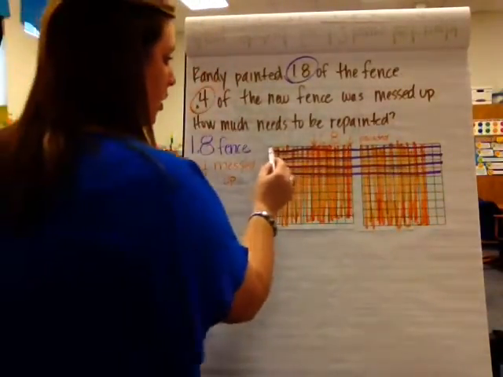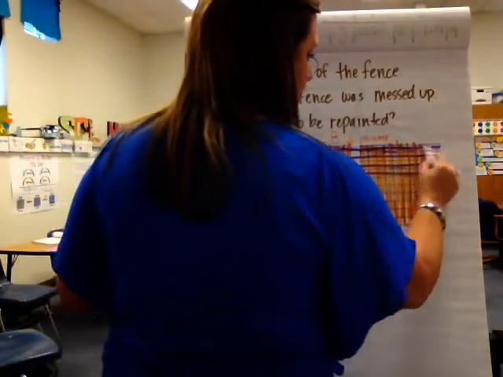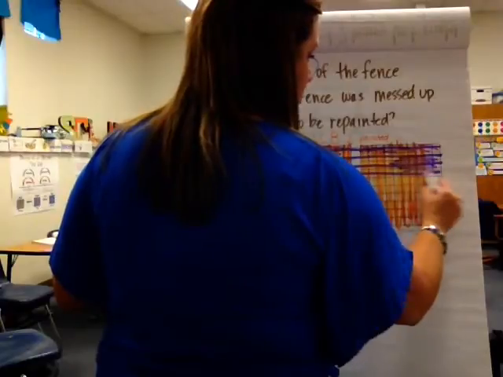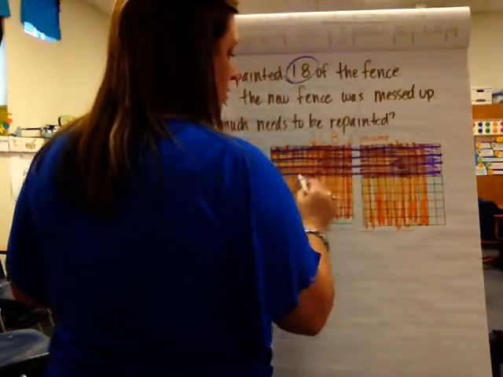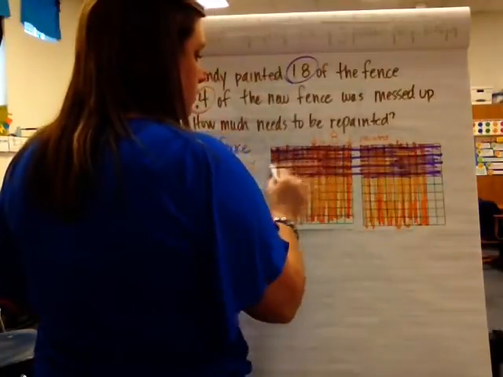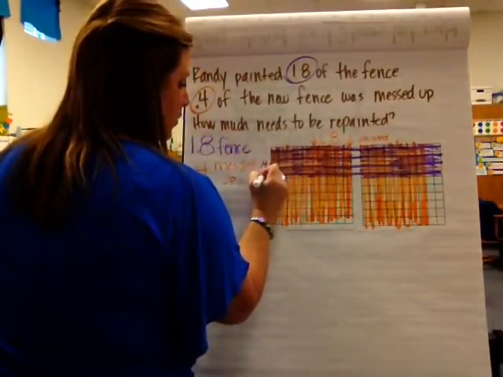I'm going to color it just so you can see, because I really want to put the dots on there so you're able to see it. So again, 4/10 were messed up.